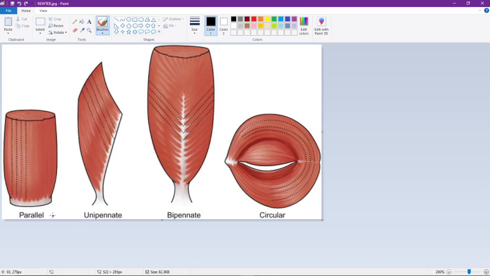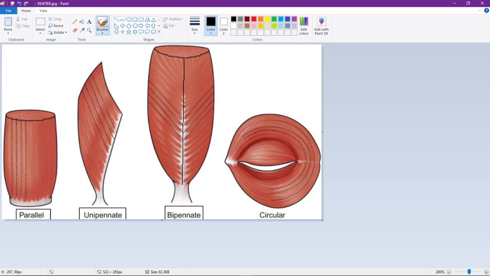So the first type is the parallel muscles. In parallel muscles, you have all the muscle fibers parallel to each other. When we have the pinnate muscles, either unipinnate or bipinnate, the fibers are at an angle. If you have the central line just like this, you have the muscle fibers at an angle.